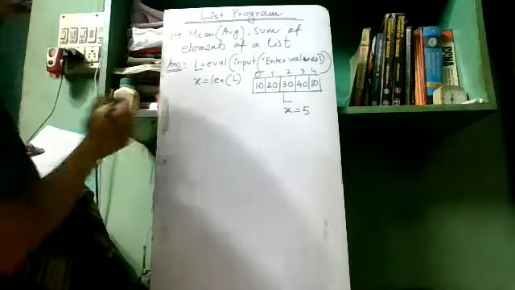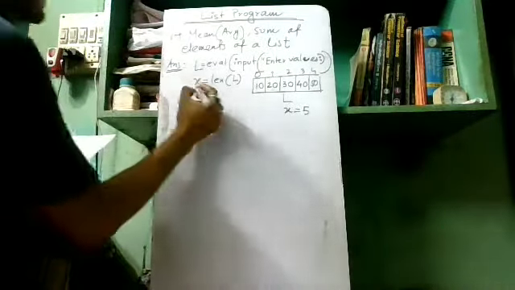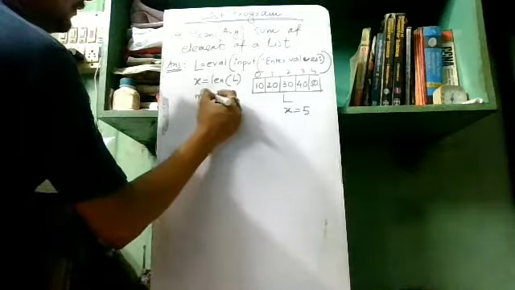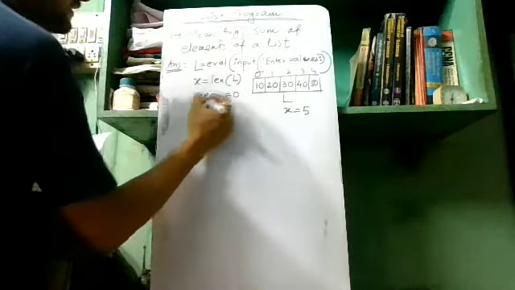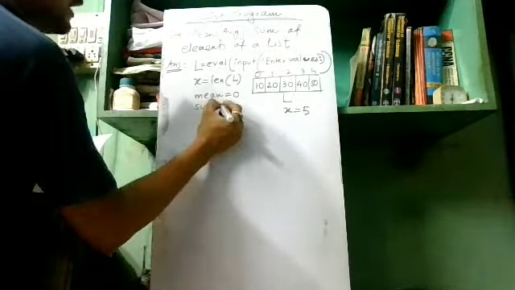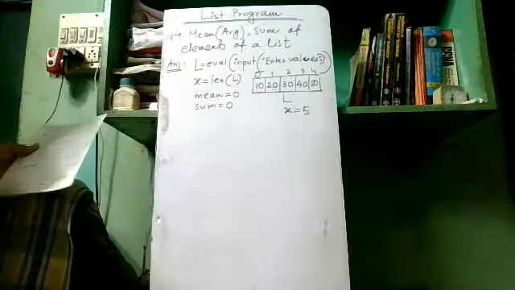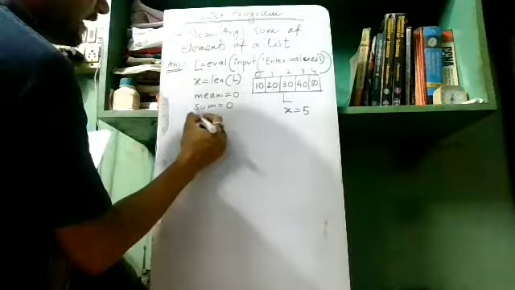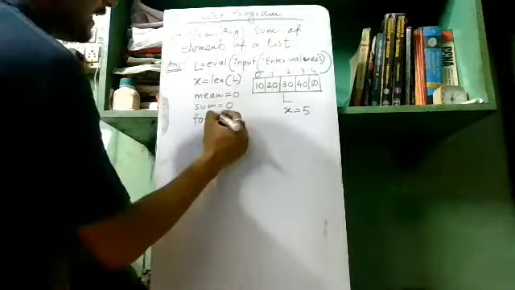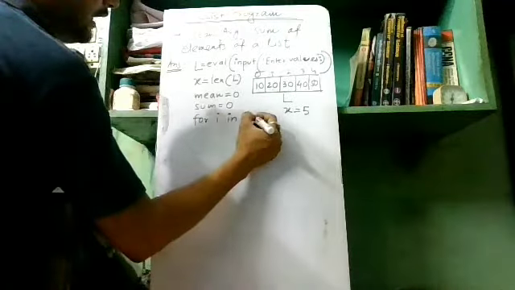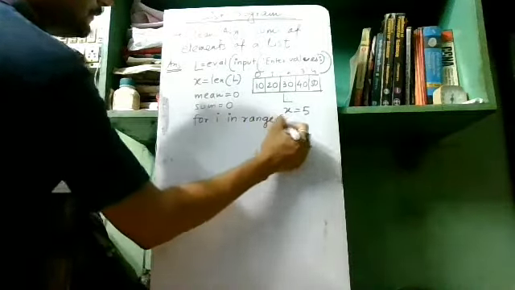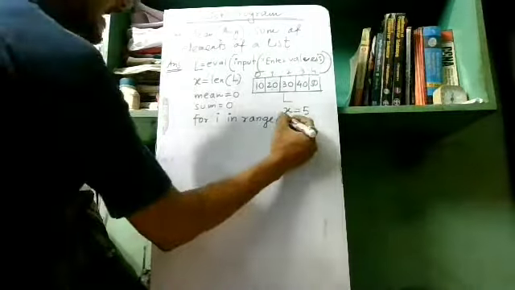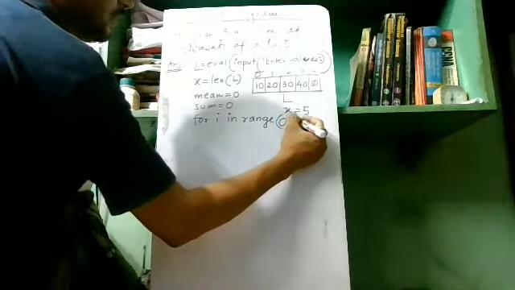Then we are declaring two variables. One is mean, we are writing 0. One is sum, we are writing 0. After that, we are declaring a for loop for I in range 0, x, 1.